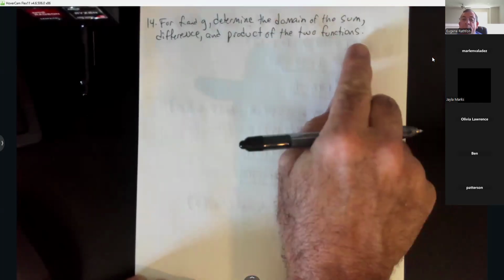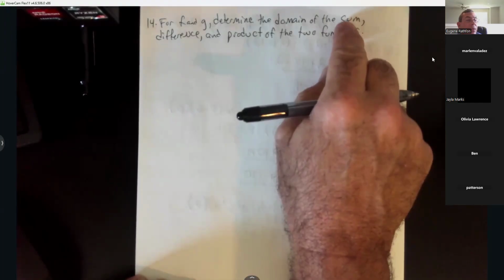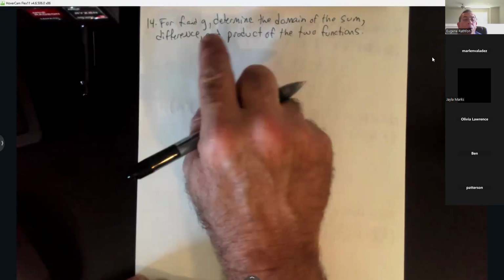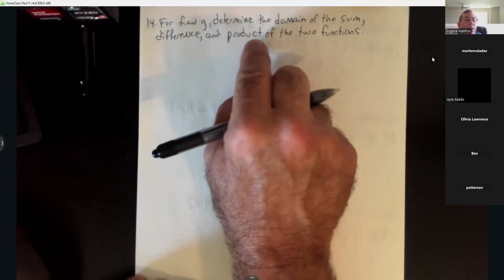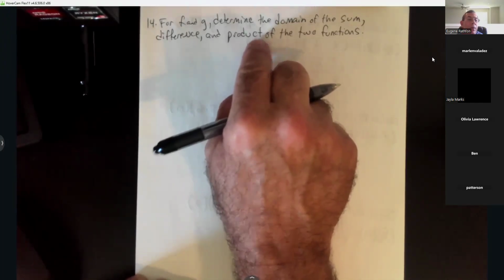So 3 domain problems. They want me to find the domain of the sum, domain of the difference, and the domain of the product.